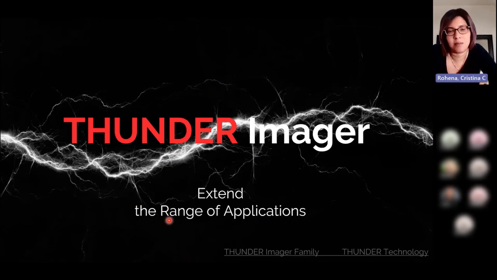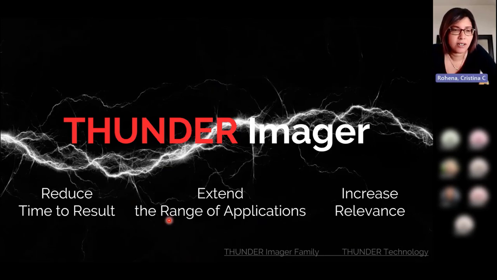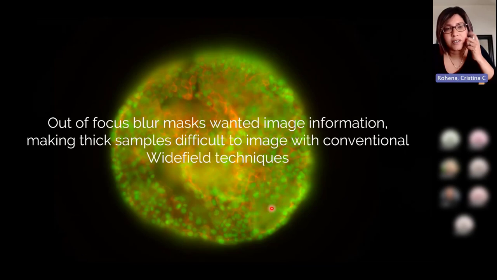So our Thunder imager family specifically allows the user to reduce the time to result, extend the range of your applications, and increase the relevance of the data that you're generating with the images that you can do with Thunder. Out-of-focus blur masks wanted information in traditional wide field microscopy. This is illustrated by this HeLa spheroid here shown in the background, which is around 200 microns thick.